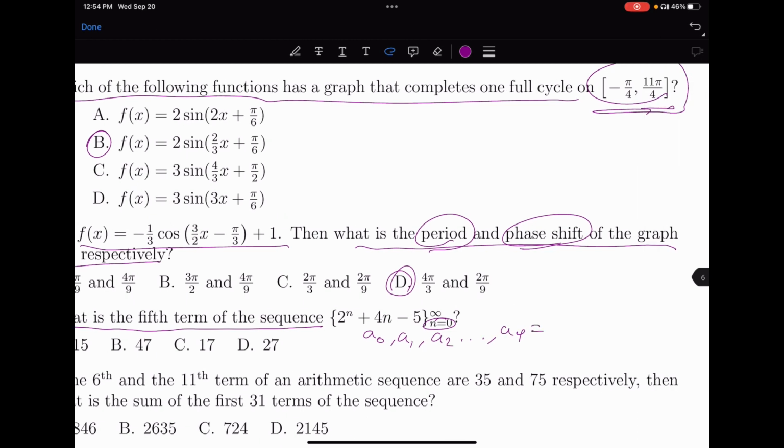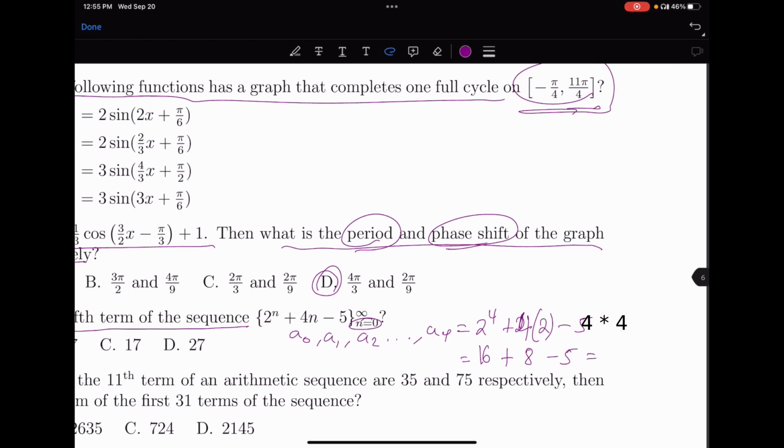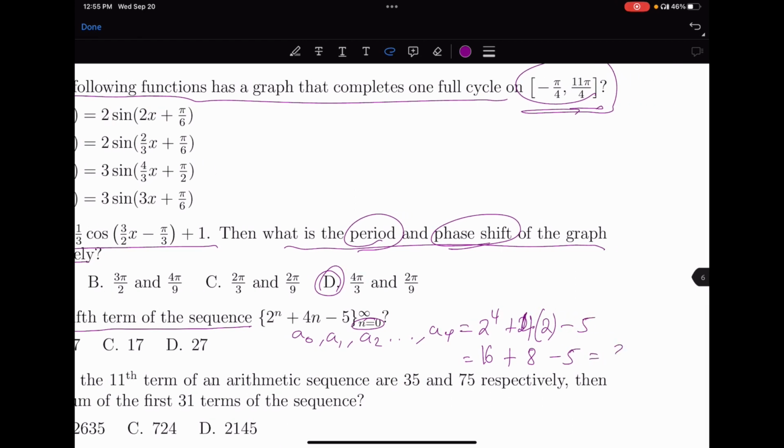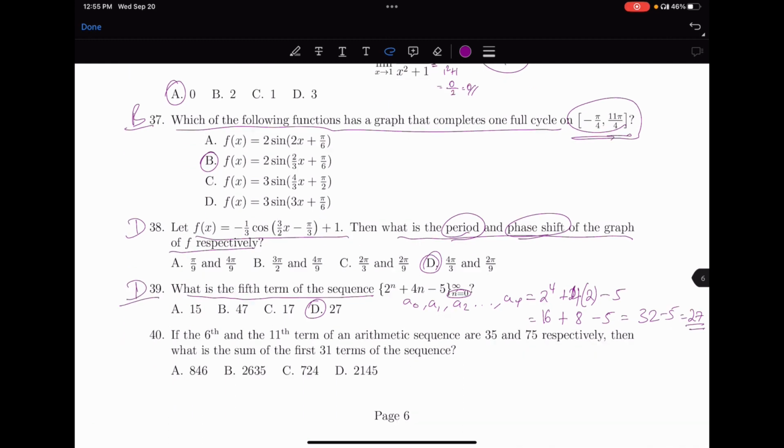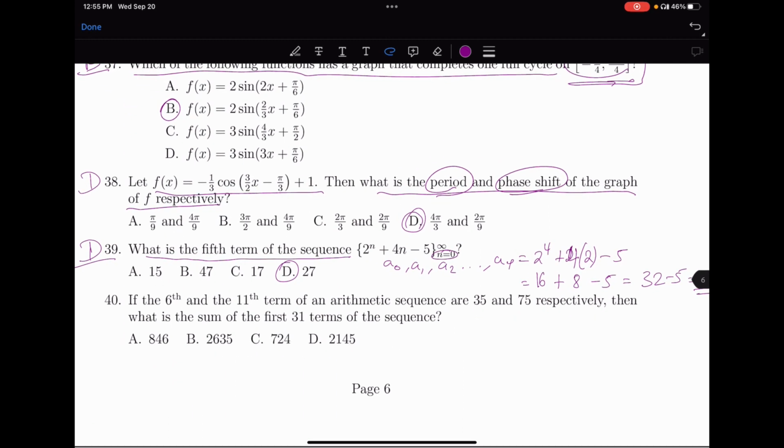Therefore a4 means 2 to the power of 4 plus 4 times 2 minus 5. 2 to the power of 4 is 16, plus 4 times 2 is 8, 16 plus 8 is 24, minus 5 which will be 19. Okay, therefore the fifth term of the sequence is D.